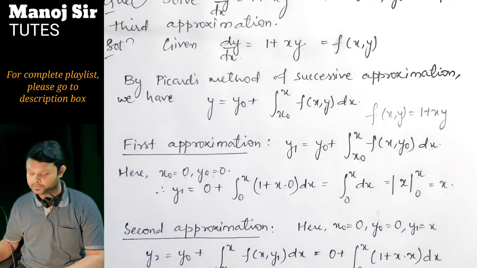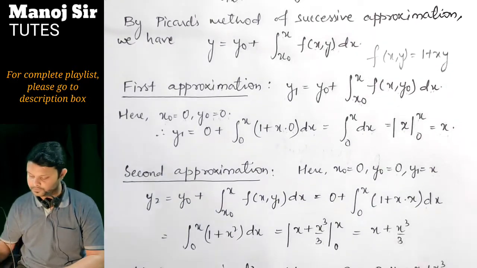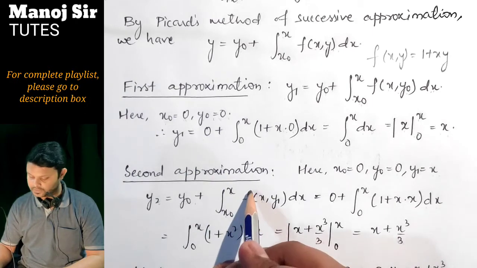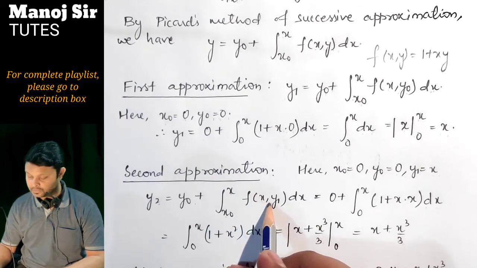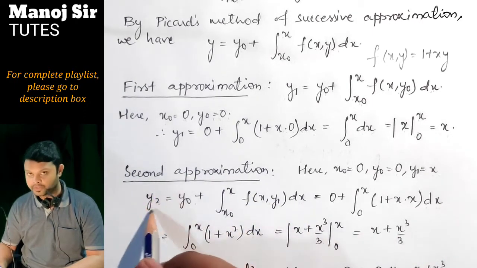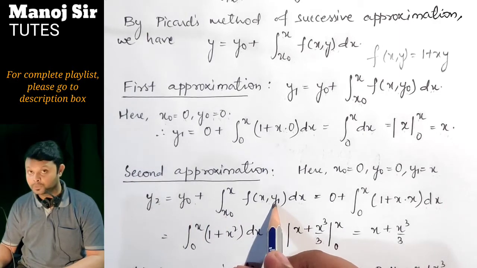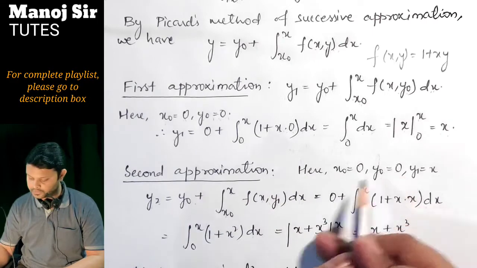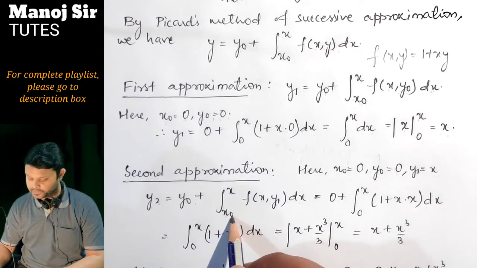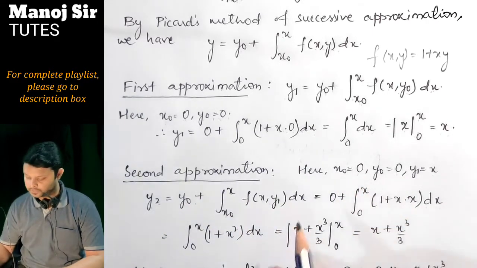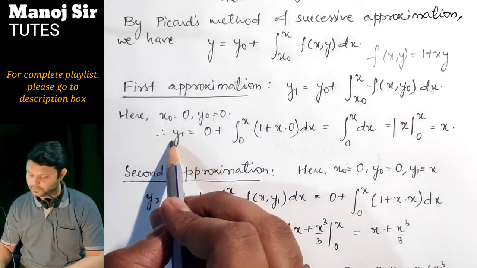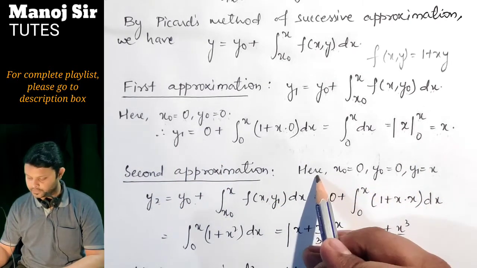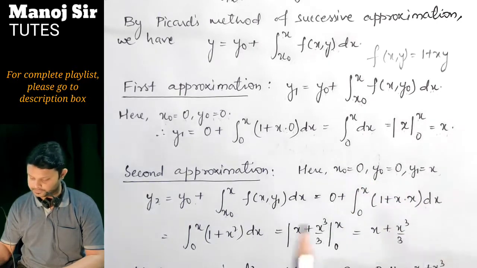Now we'll go for the second approximation. So y2 equals y0 plus the integral from x naught to x of f(x, y1) dx. Here we are finding y2, so we need to put y1. Again, the value of y0 is 0, the value of x naught is 0 as per the given problem, and we have already found that y1 equals x.